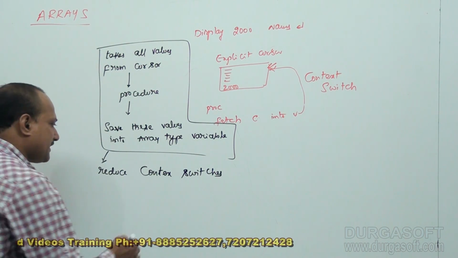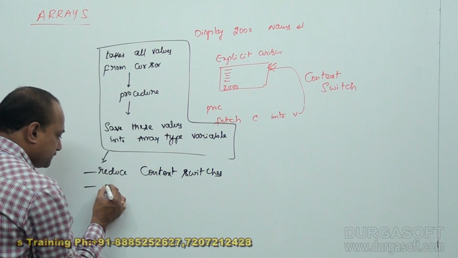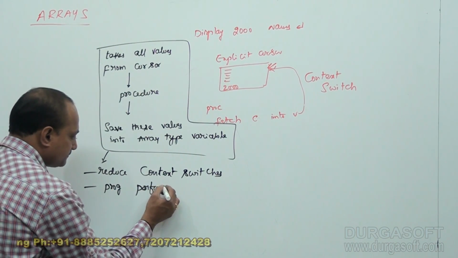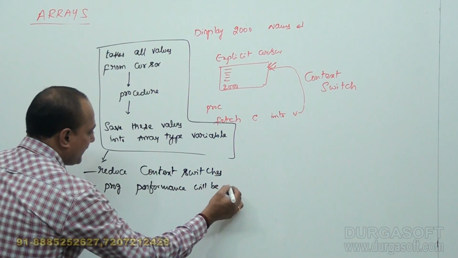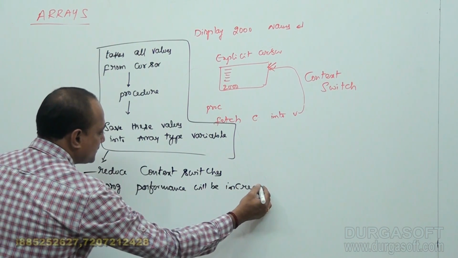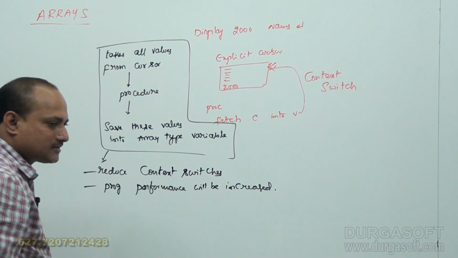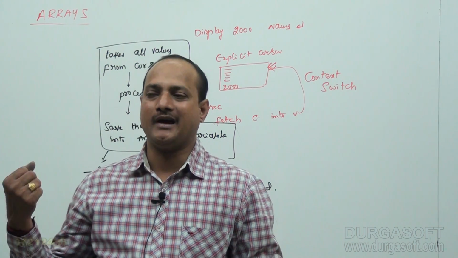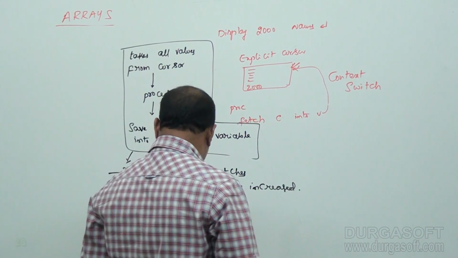If it is reducing context switches, immediately the program performance will be increased. Remember this. By using an explicit cursor and an associative array, I am going to show you a program. Let me check in the hands-on part.